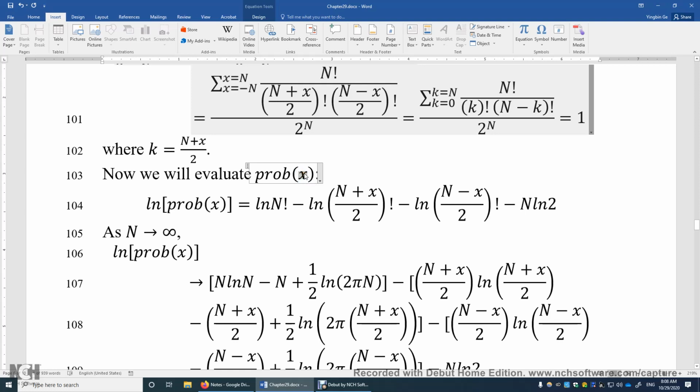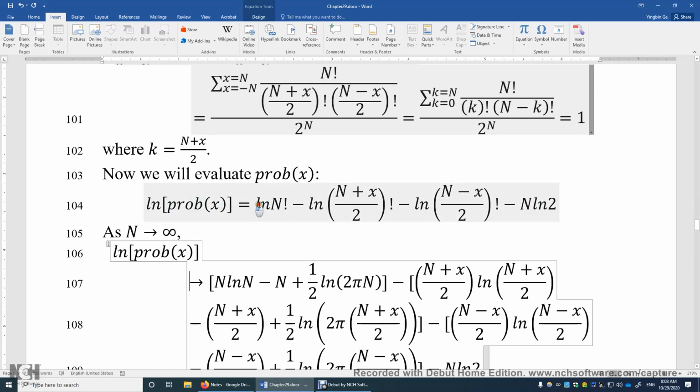When x is positive, he is in the forward direction, and when x is negative, he is in the backward direction. So we can evaluate the logarithm of the probability of finding the person x steps away from its original position. It's this. All right?